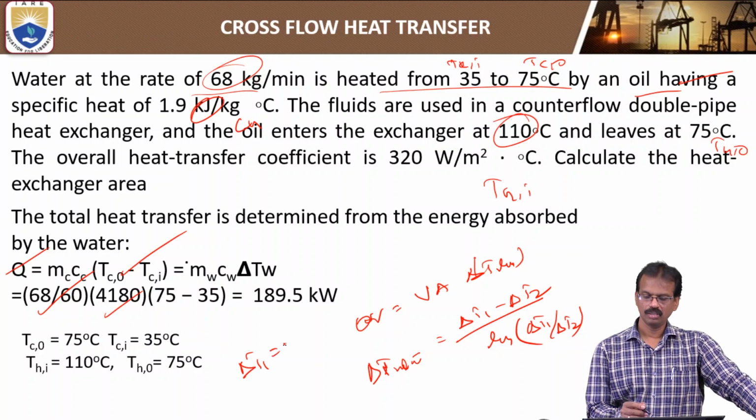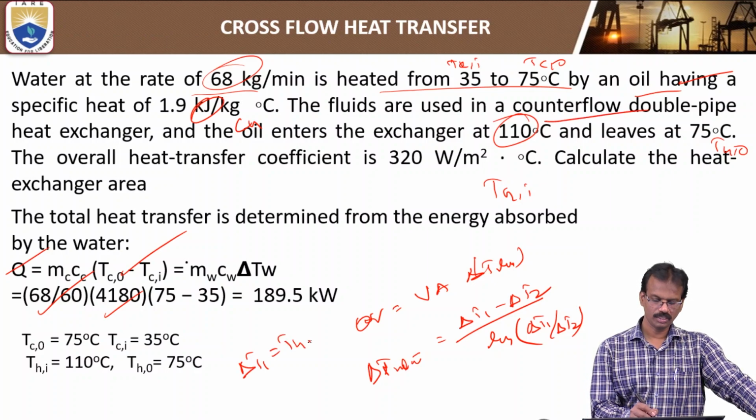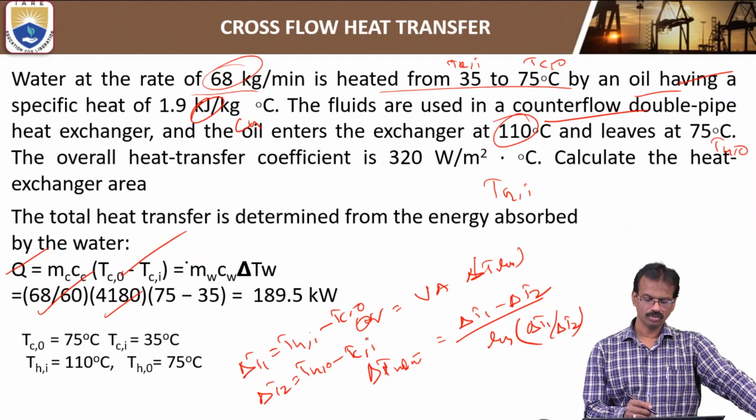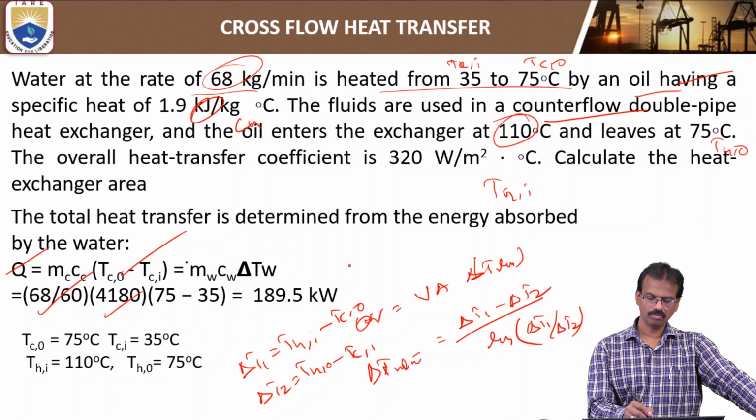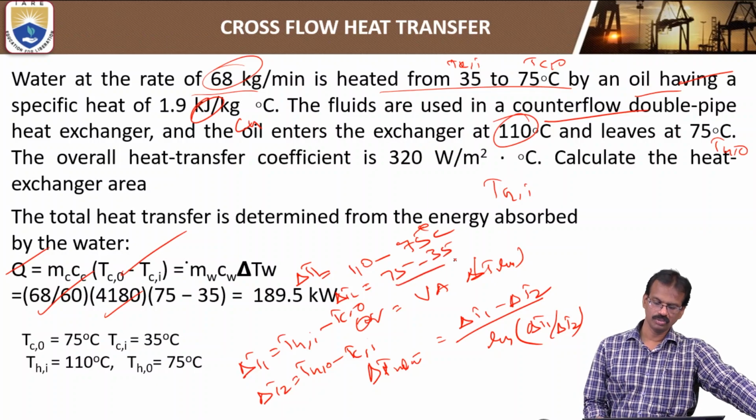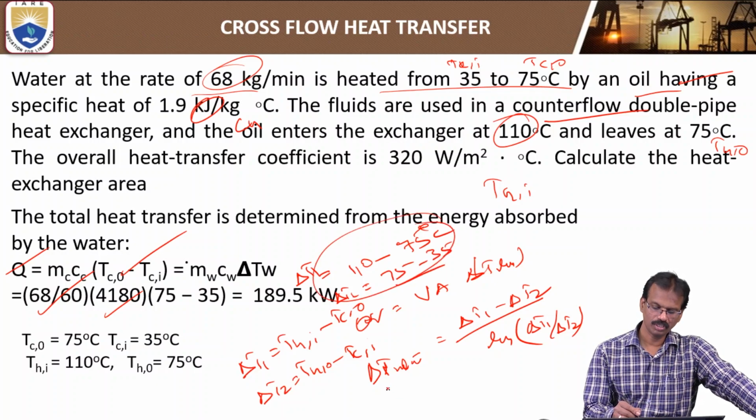This is the counterflow, so ΔT1 is THi minus TCo, and similarly ΔT2 is equal to THo minus TCi. So THi is 110 minus TCo, 75 degrees Celsius, so this is ΔT1. ΔT2 is equal to THo 75 minus 35. So these are the values, and by using these temperatures we can find the ΔT lm.